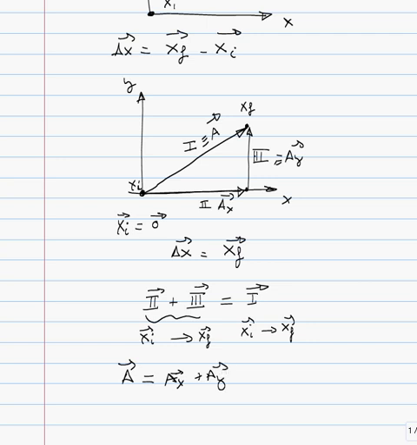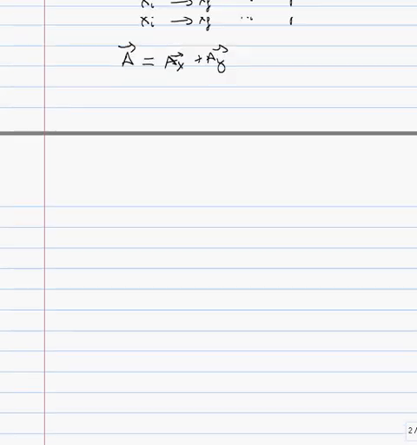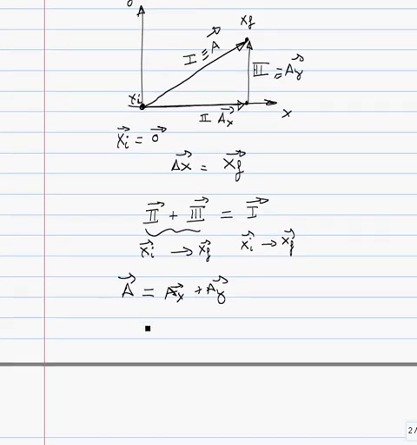A is equal to ax plus ay is for us the exact same thing as going from point A to point B via point C. Displacement AB is the same as displacement AC plus CB. This is displacement along path 1, and this is displacement along paths 2 and 3.